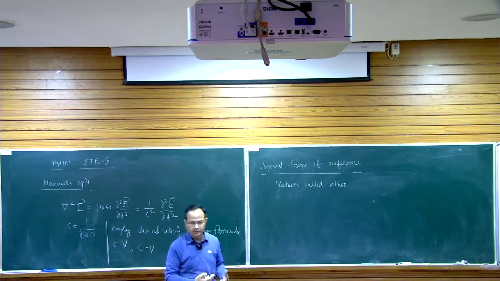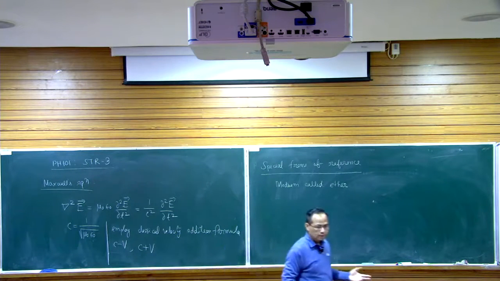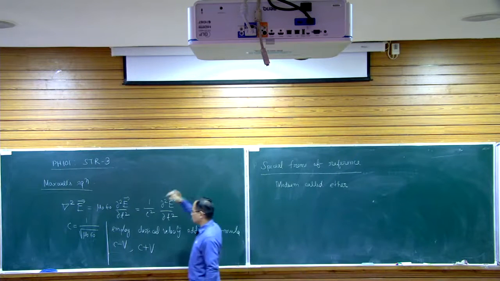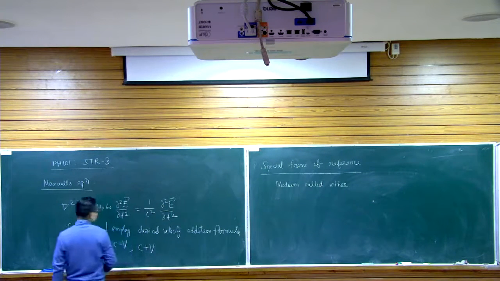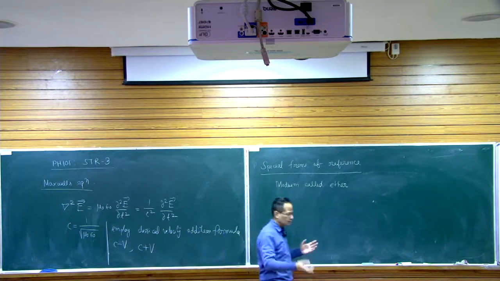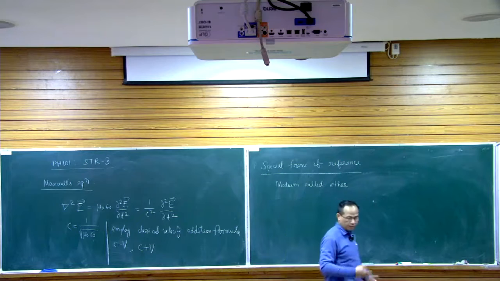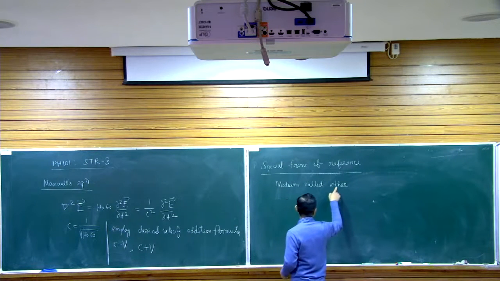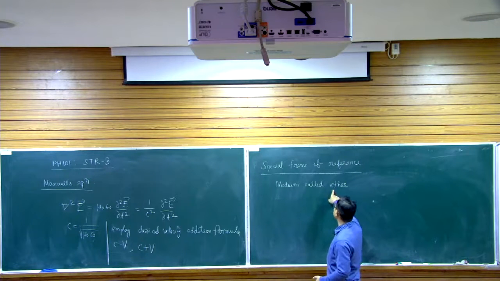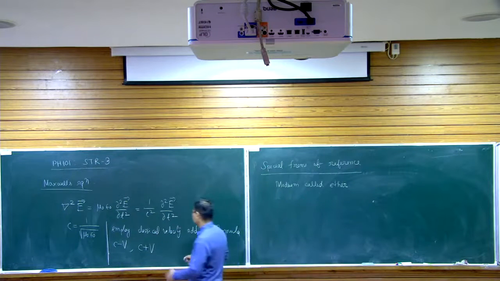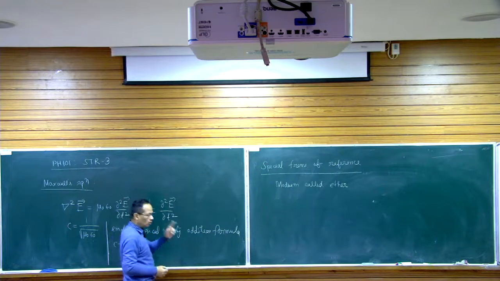Now we know that it is hypothetical, but at that time, when Maxwell's equation was proposed in around the 1860s, during 1860 to 1880, when these experiments were going on, various types of proposals were coming. So at that time, it was a proposal that maybe there is a medium called ether, and light travels with the speed of c as part of the Maxwell equation only in the ether medium.